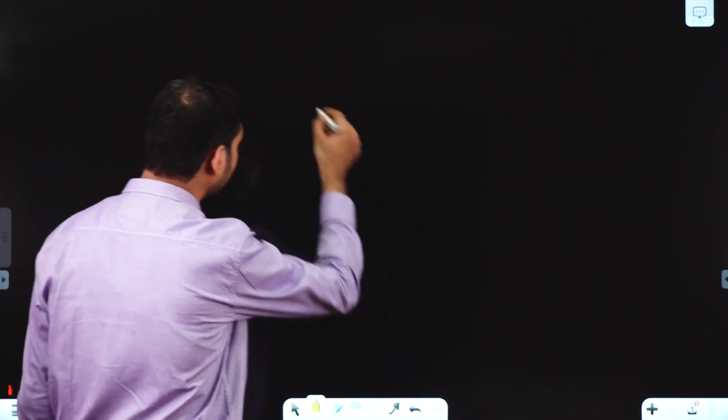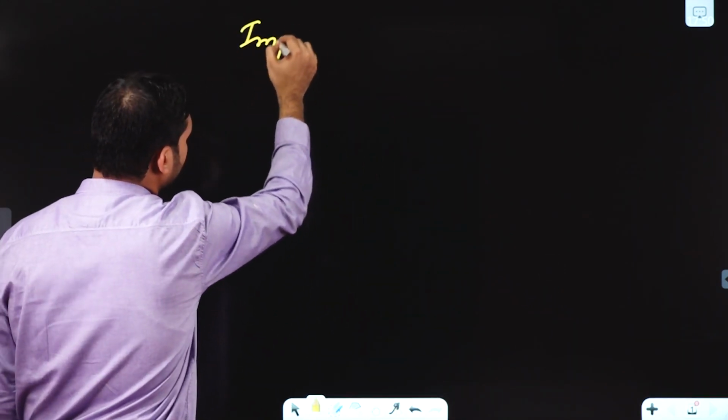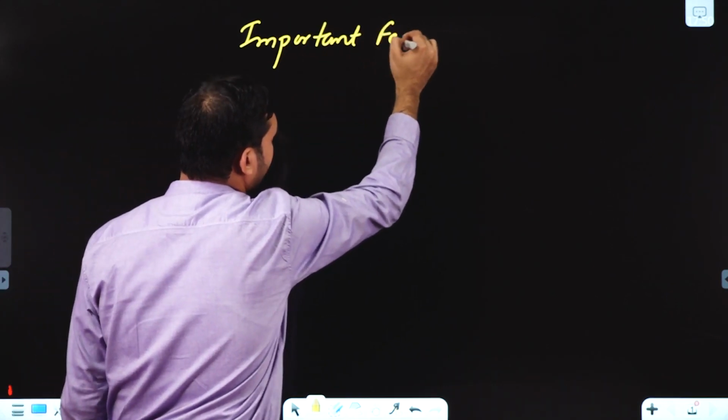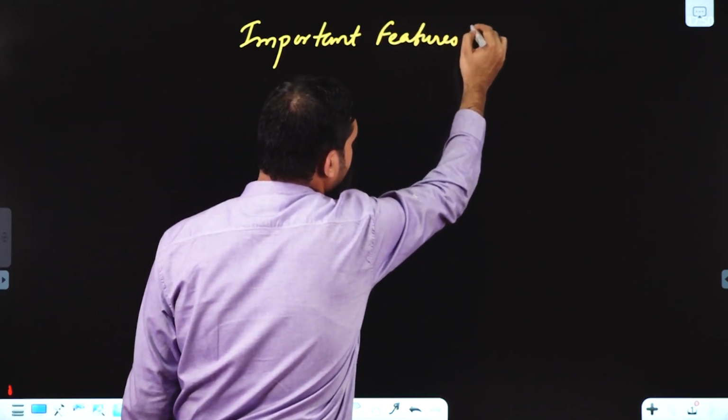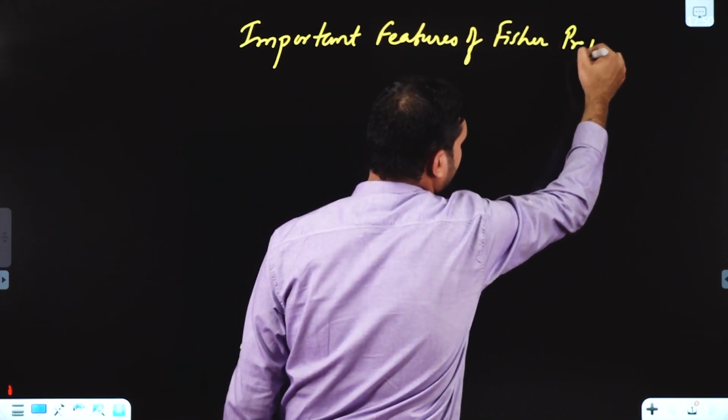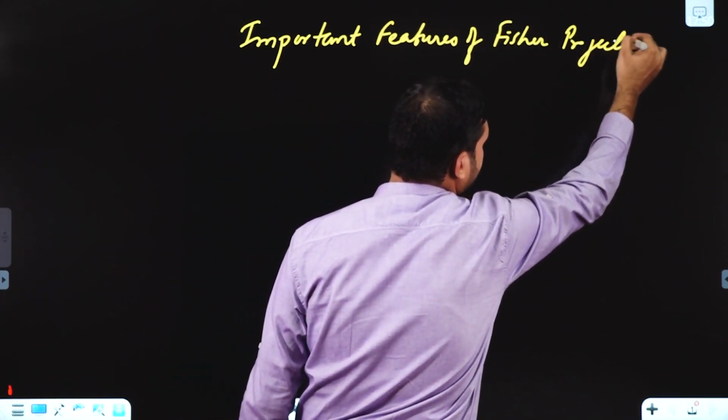This is one part, but there are certain important points or characteristics when we draw these structures. Let's see these points. Important features of Fisher projection.